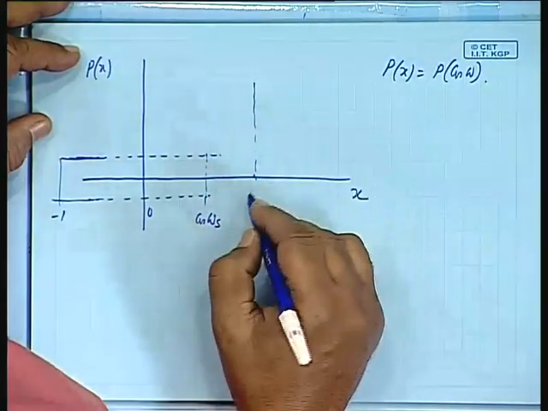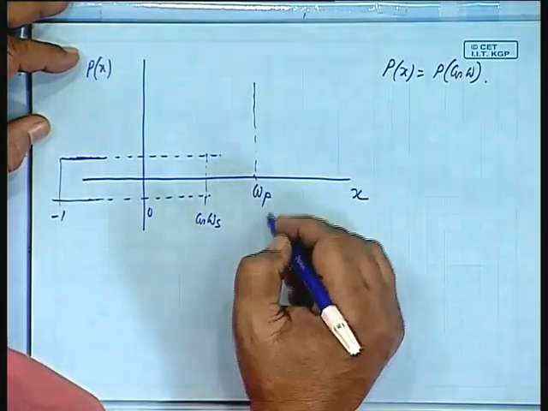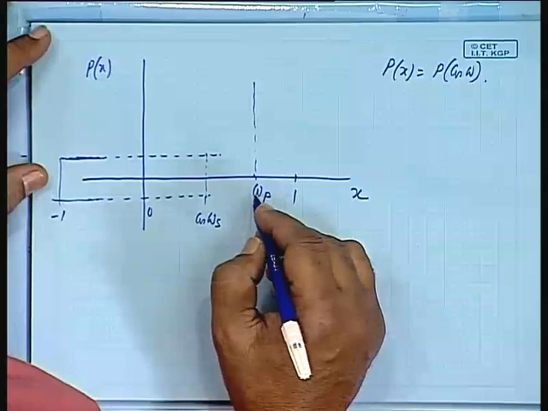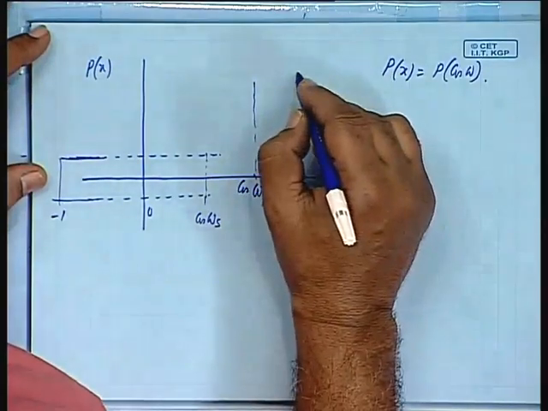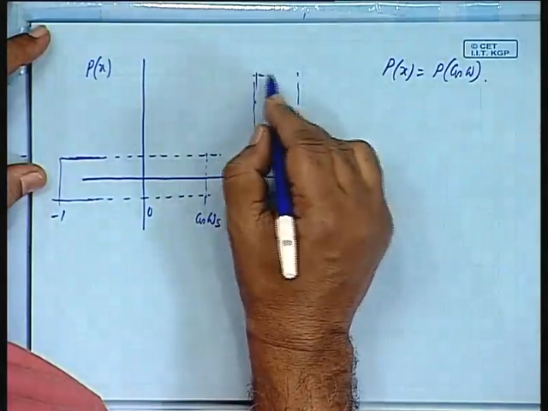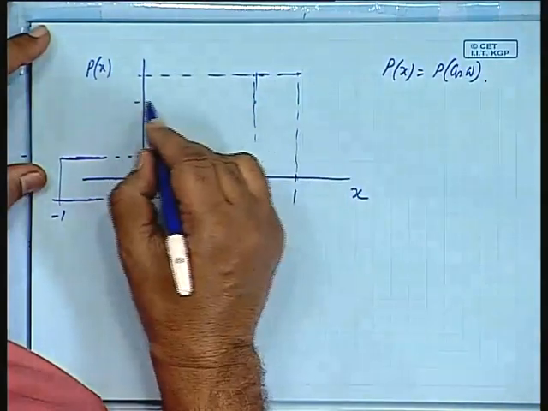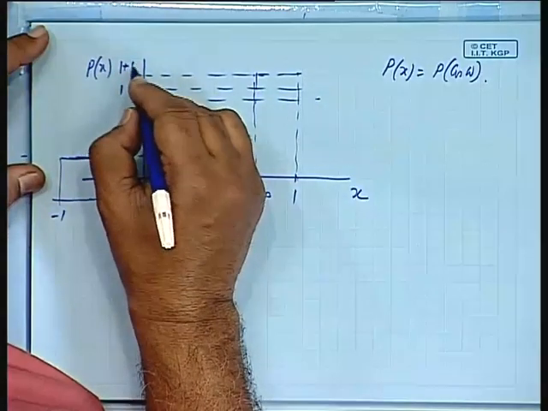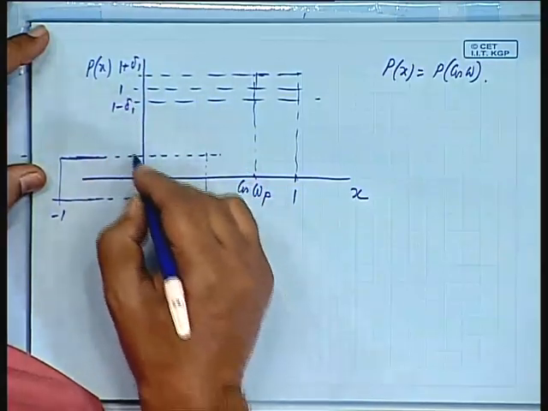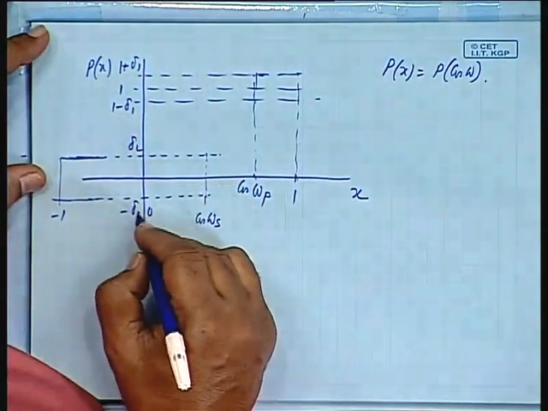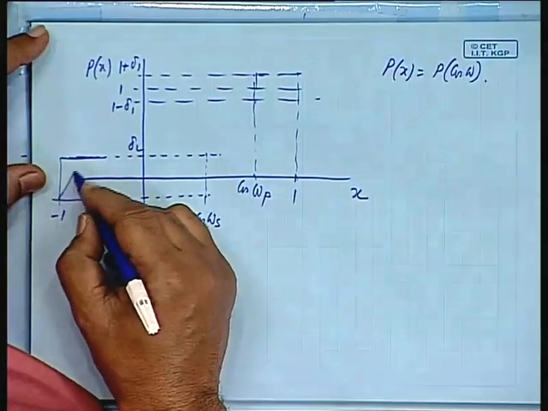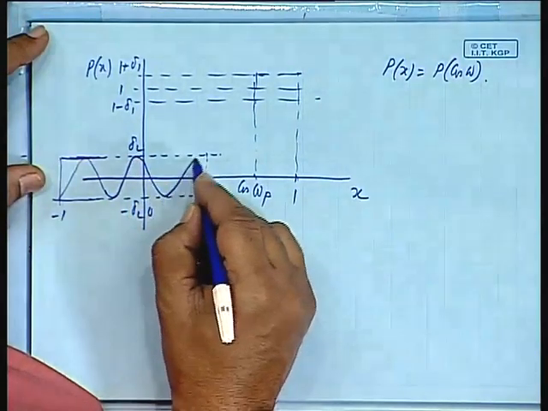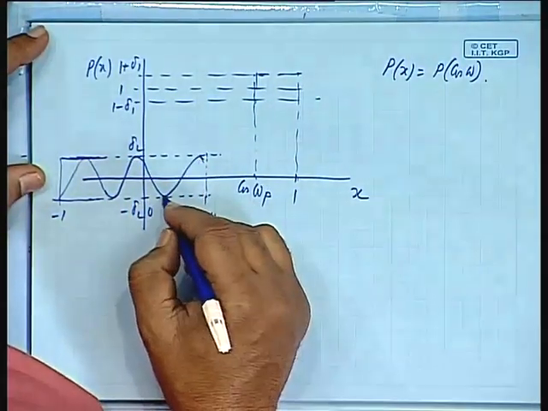Then the pass band. Cosine 0 is 1. This is cosine omega p. This is 1 plus delta 1, 1 minus delta 1, this is delta 2, minus delta 2. So, it will be like this.